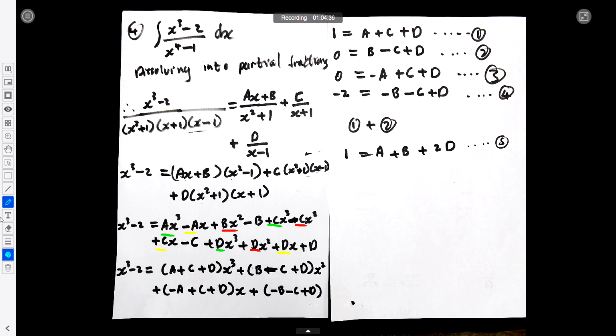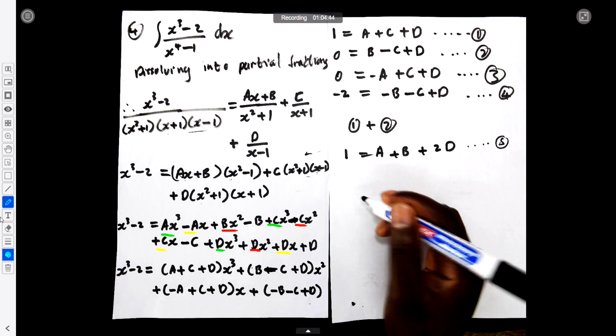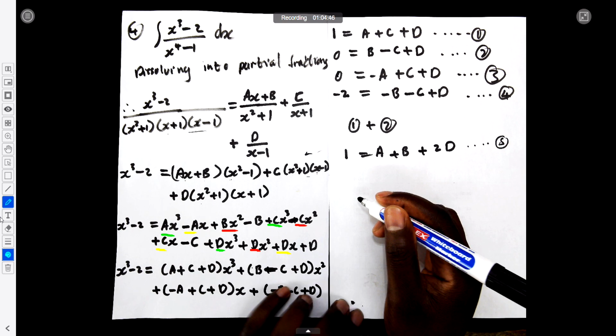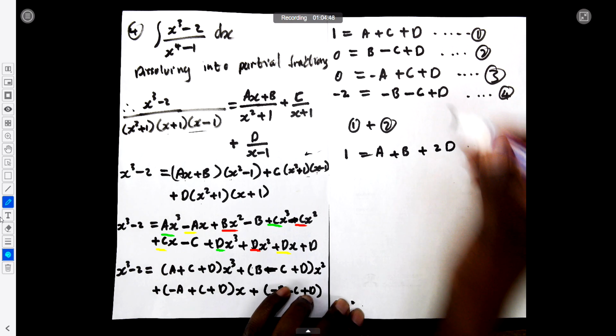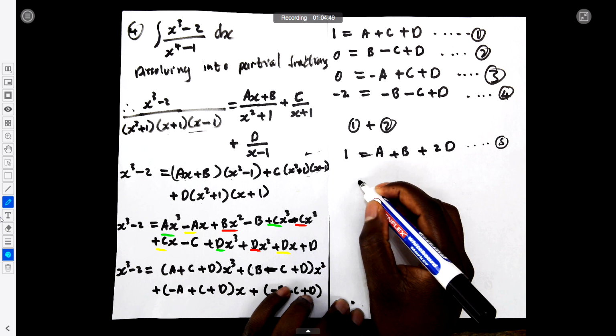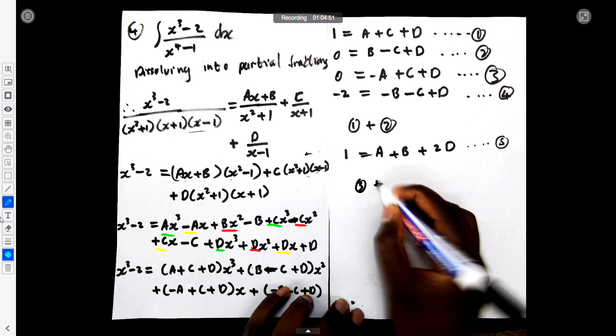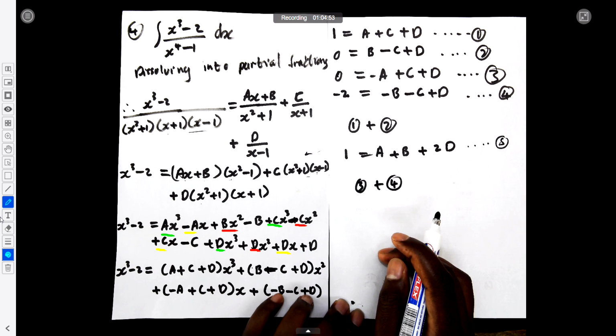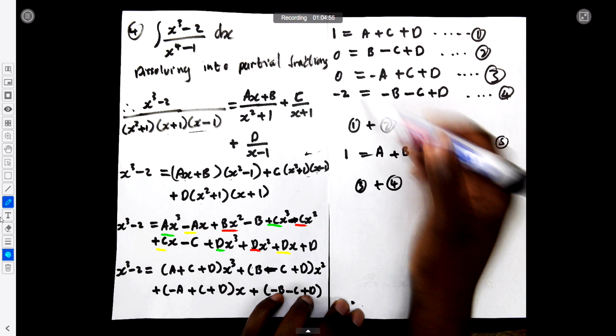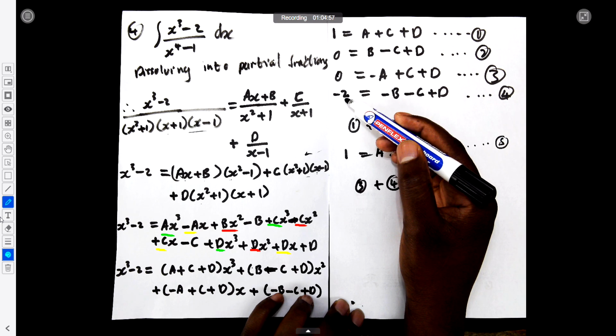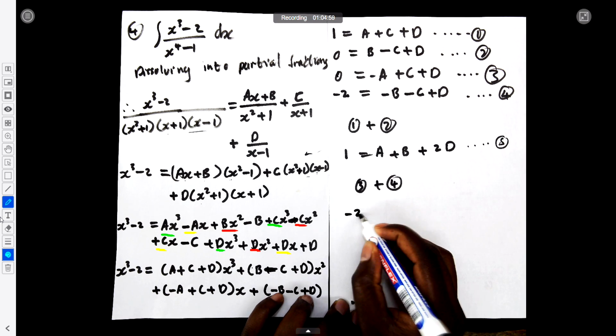Or if we are smart, let me see which one can we eliminate, at least if we can eliminate 2 terms. But let's try and utilize the last 2, for an example, 3 plus 4. What do we get? 0 plus minus 2, still minus 2.